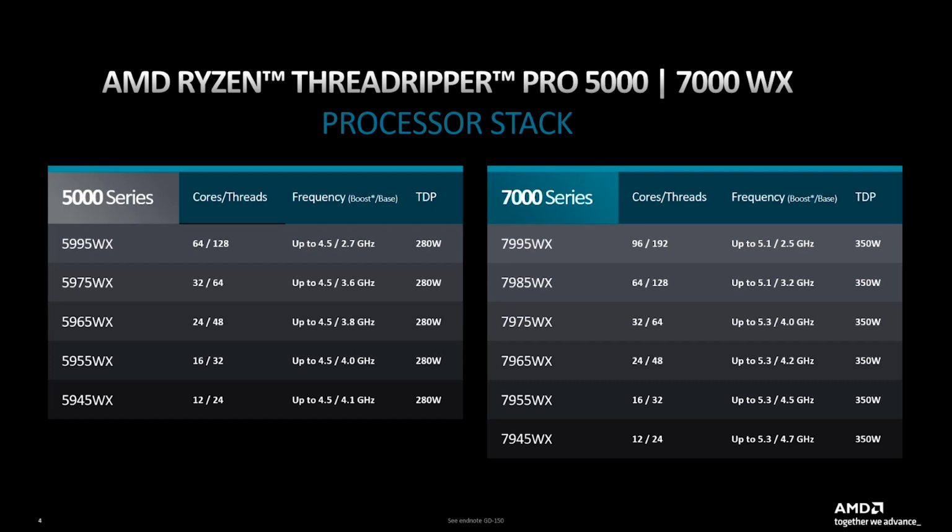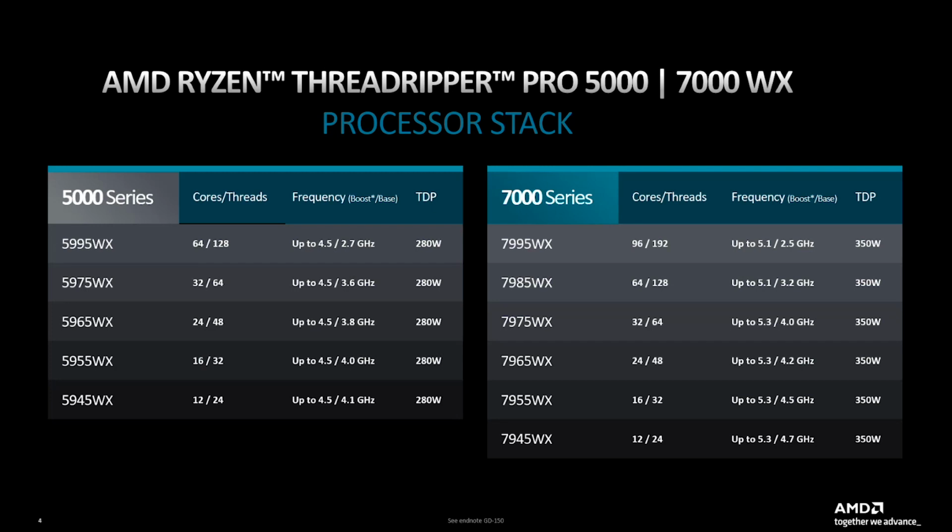What you see under the 5000 series and 7000 series is, right from the left corner, 5945WX all the way up to 5995WX, which comes up to 64 high performance cores with 128 threads. We recently launched our 7000 series of processors, which gives you up to 96 cores with 192 threads.